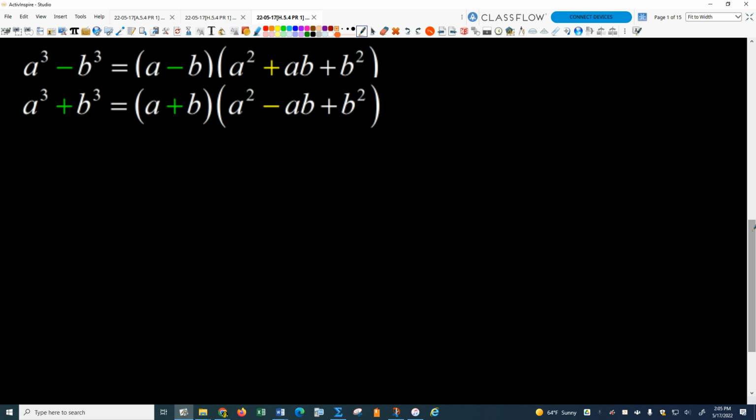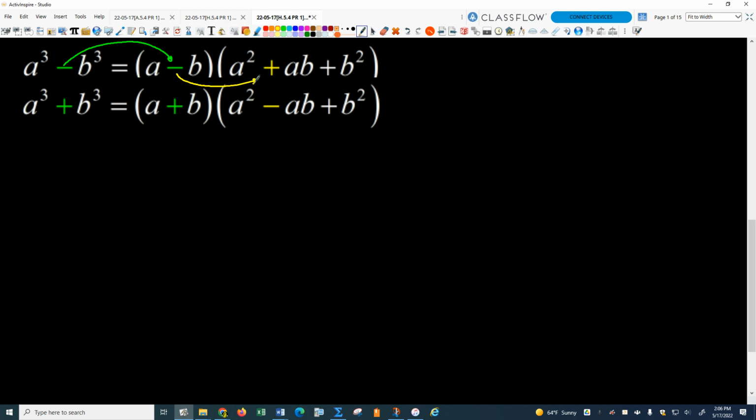If it's a cubed minus b cubed, whatever symbol shows up first between the cubes is going to be duplicated in the binomial. So if it's a minus, it's a minus. If it's a plus, it's a plus. And then the next one is going to be the flip of that, the opposite. So the second symbol I have to introduce, the one between the a squared and the ab, if the first is a minus, that's a plus, and vice versa.